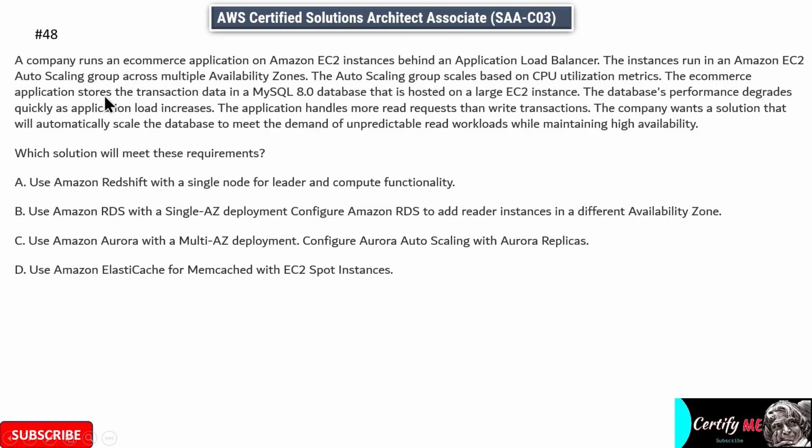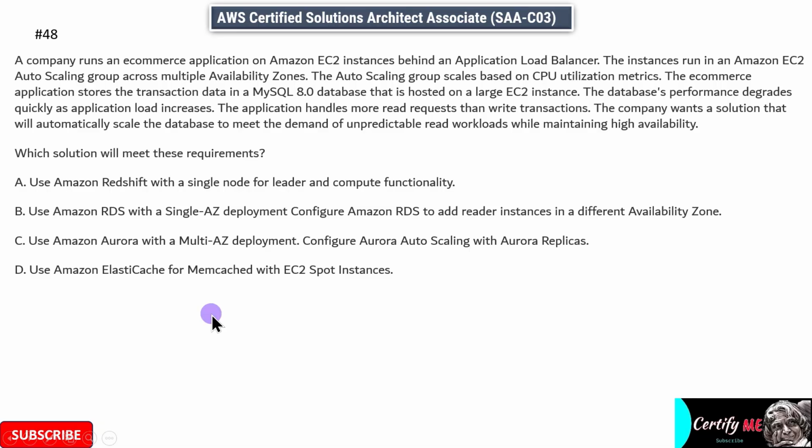The e-commerce application stores the transaction data in a MySQL 8.0 database that is hosted on a large EC2 instance. The database's performance degrades quickly as application load increases. The application handles more read requests than write transactions. The company wants a solution that will automatically scale the database to meet the demand of unpredictable read workloads while maintaining high availability.